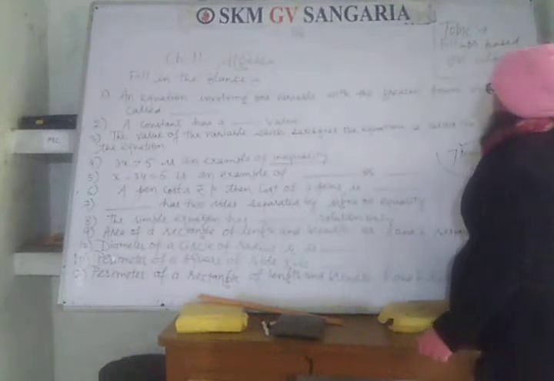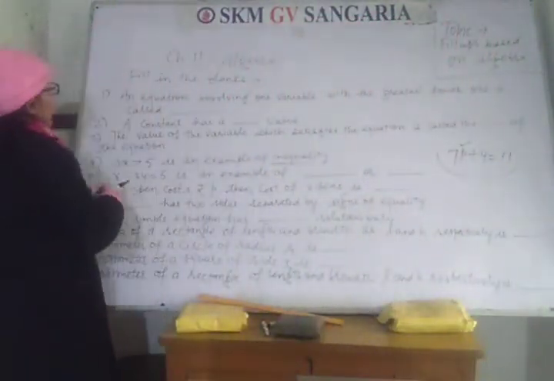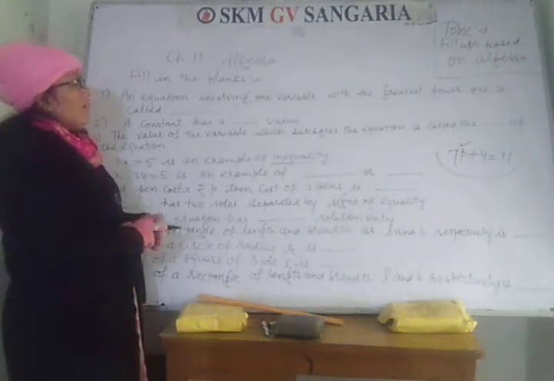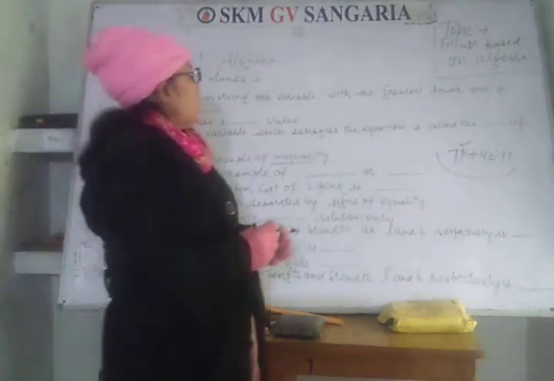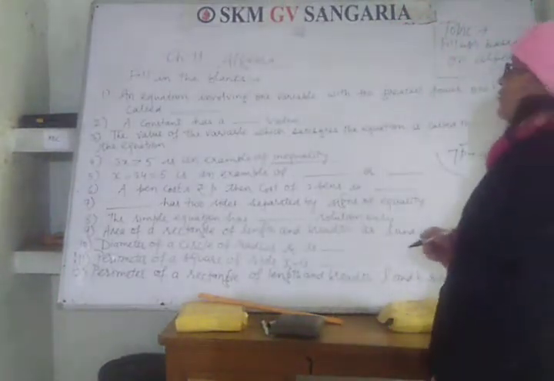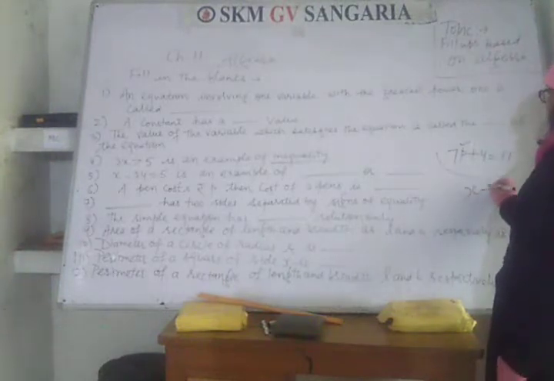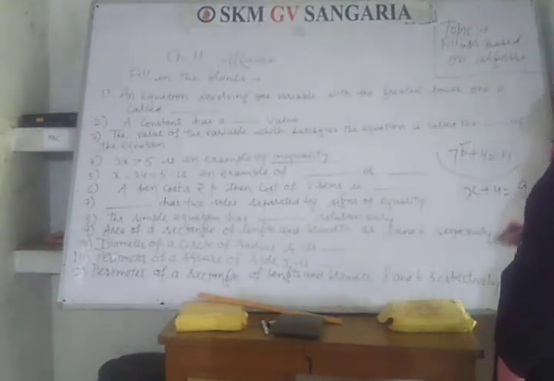Based on algebra. Okay. So here, question number 1, fill in the blanks: an equation involving one variable with the greatest power 1 is called, and suppose I write here x plus 4 is equal to 9.